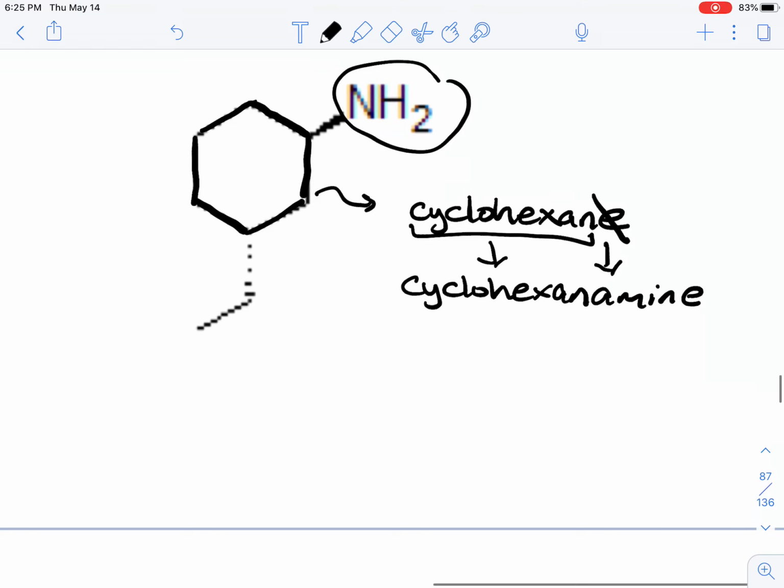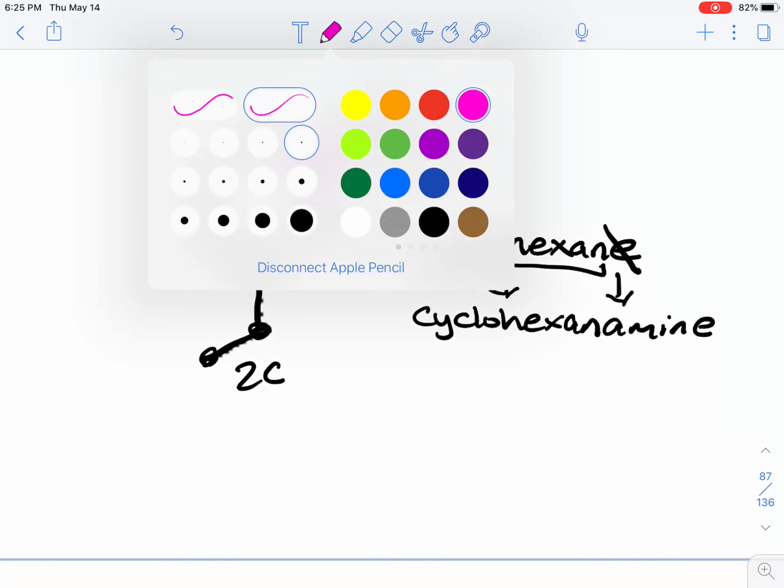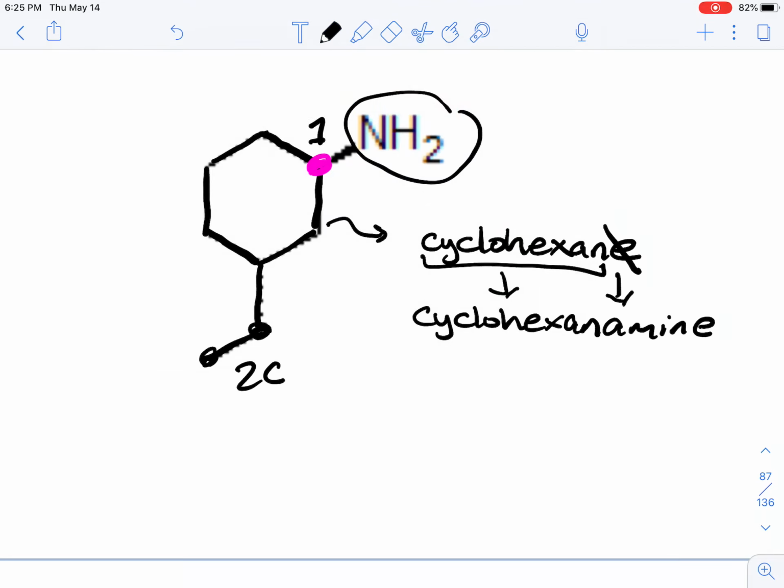And so it looks like we have a methyl group. I'm sorry, not a methyl, an ethyl group. So we have 1, 2 carbons. And so since this carbon here is always going to be carbon number 1, we want to number our ring such that our substituents will get the lowest possible carbon number.